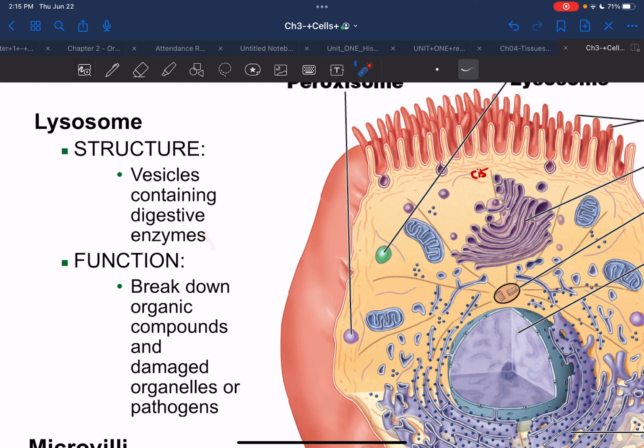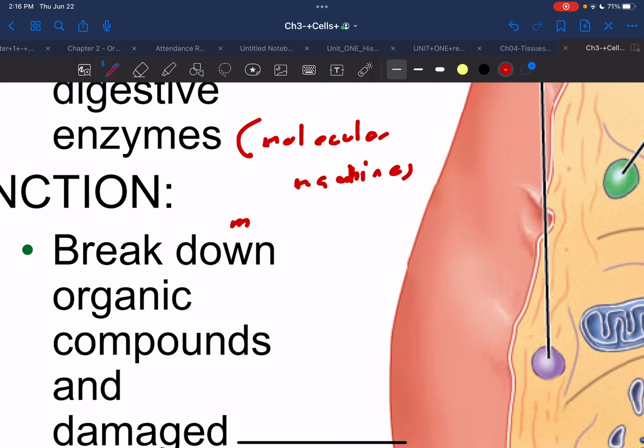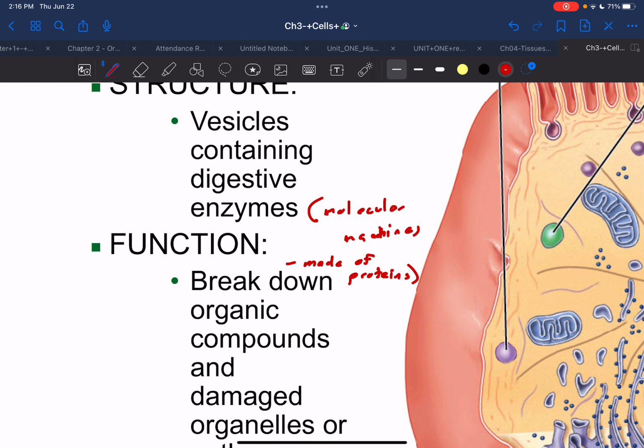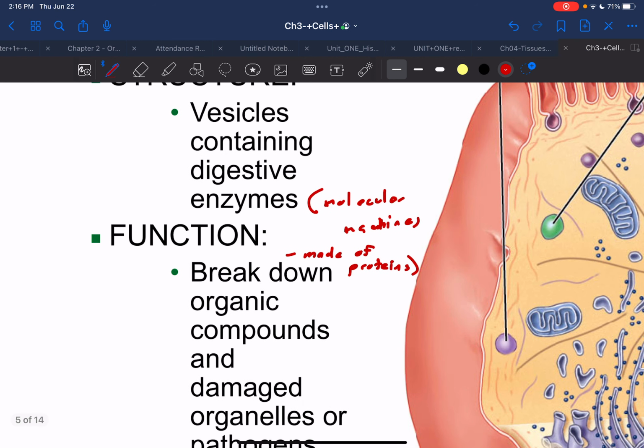Again, enzymes are little molecular machines that are made of proteins. Little molecular machines that are made of proteins. And their role is to, again, digest things.